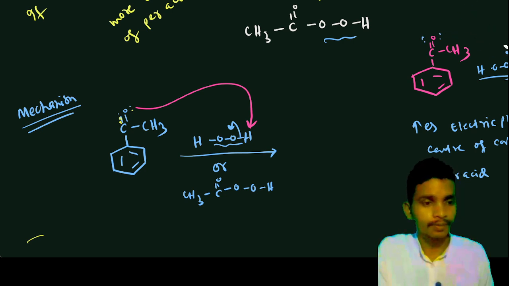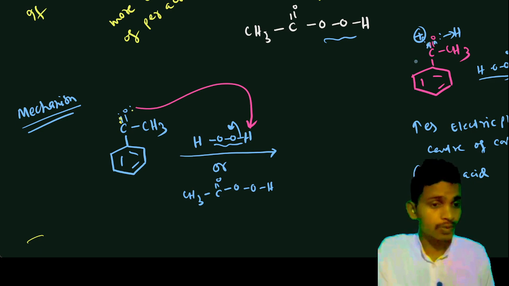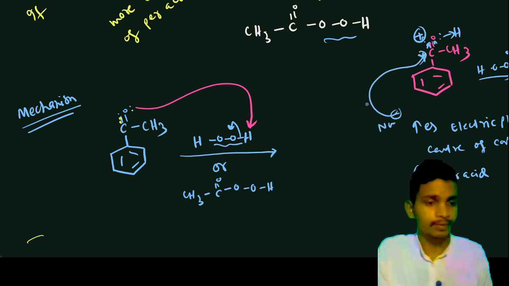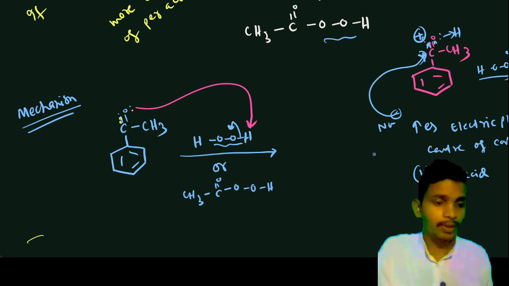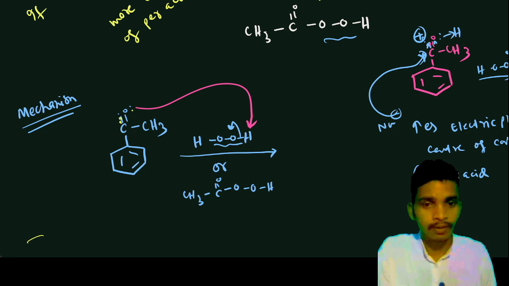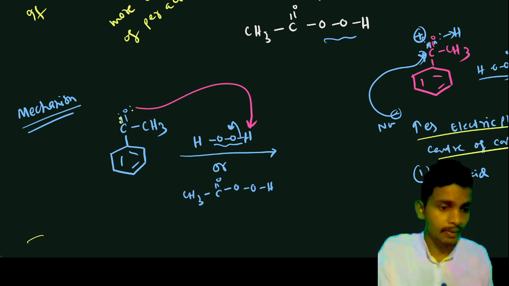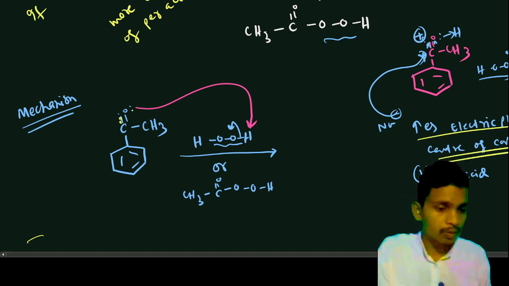It means that this H is going to be shared here, so this gets the positive charge, and since oxygen is more electronegative than carbon and has a positive charge, it abstracts electrons, so the carbon gets more positive charge, and the nucleophile will easily attack here. So to increase the electrophilic center of the carbon, either we have the peroxides, or we can give AgNO3.